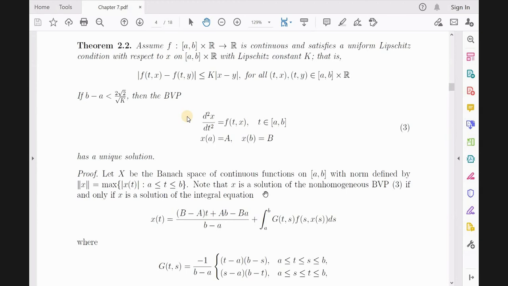So x is a solution of this boundary value problem if and only if x is a solution of this integral equation.